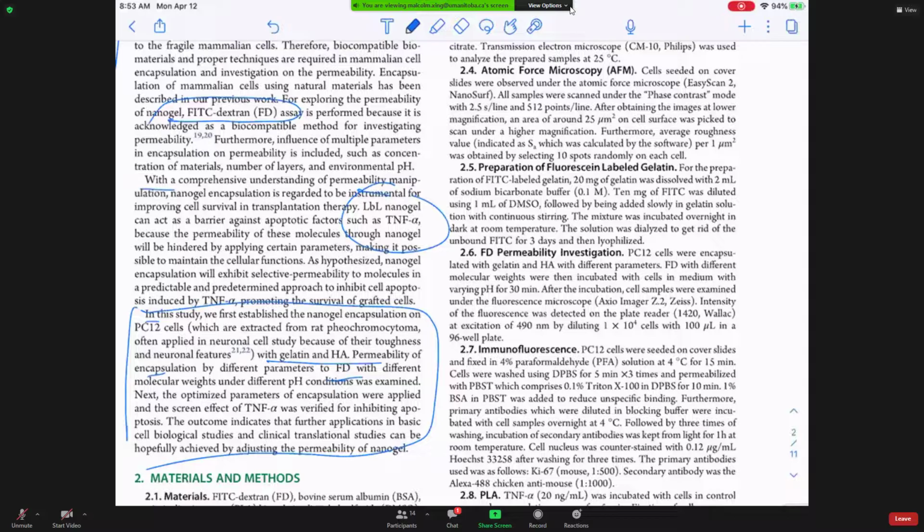Dextran is a molecule, a polymer, and we can control different sizes of dextran. FITC is a fluorescent chemical, so as it diffuses in or out, the fluorescence will change. Meanwhile, with different sizes of dextran, we know the porosity.